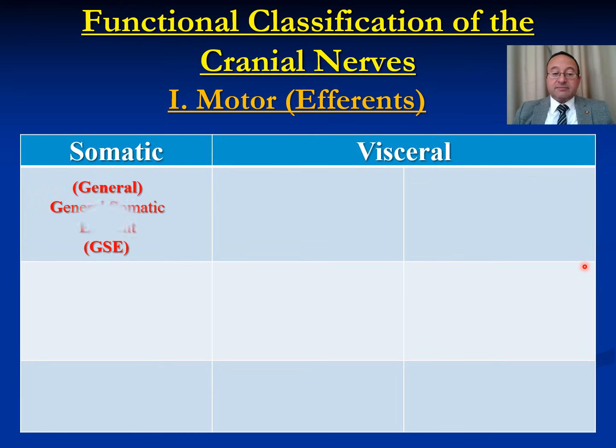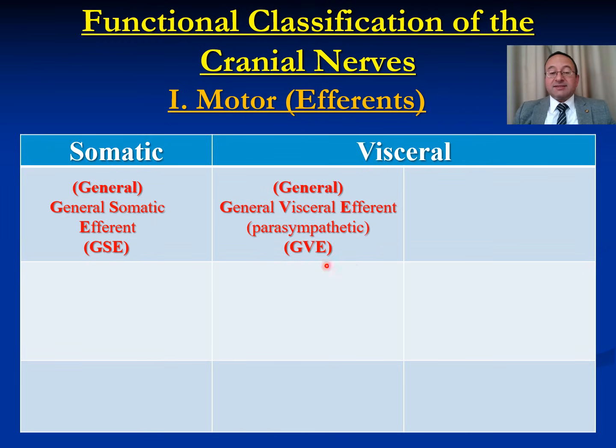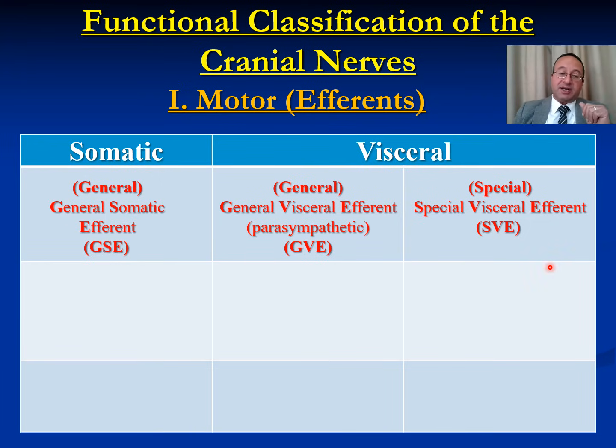Somatic is just one type, called general somatic efferent, while the visceral has two types: general visceral efferent, which is formed of parasympathetic, and special visceral efferent. We'll see now what is meant by each item.